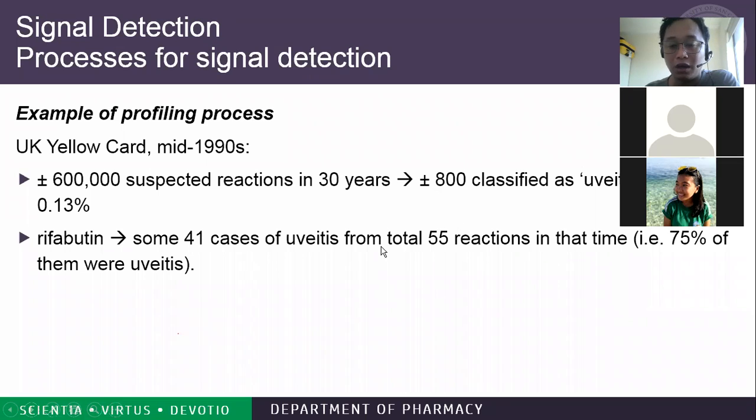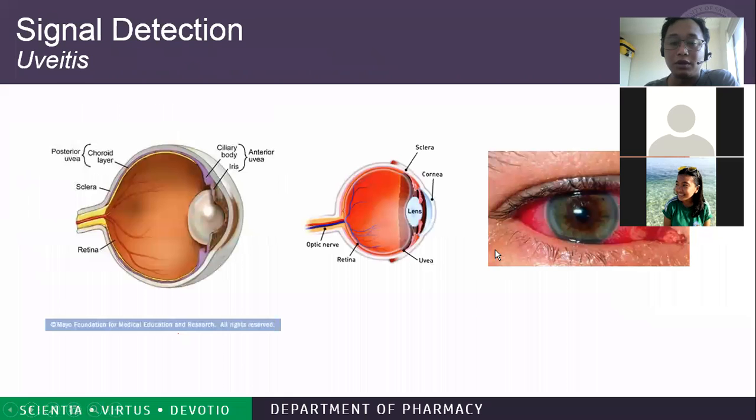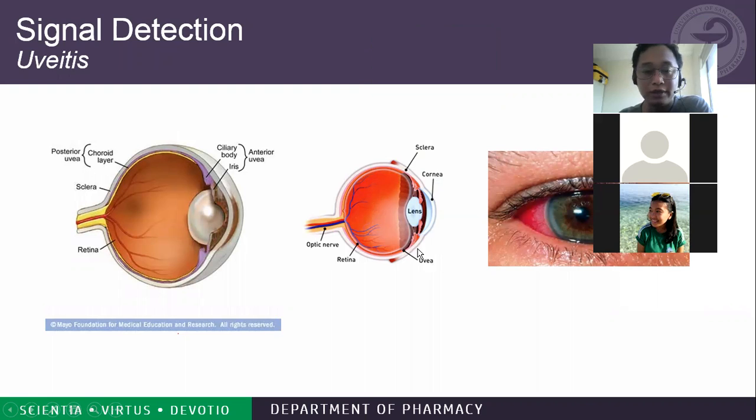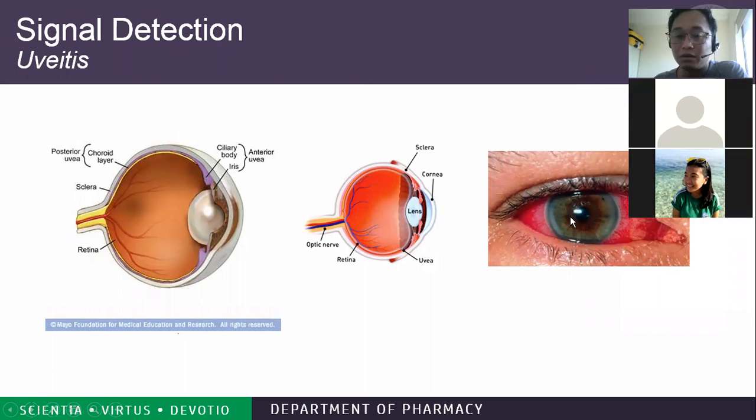Uveitis is the inflammation of the uvea, so the redness of the uvea.